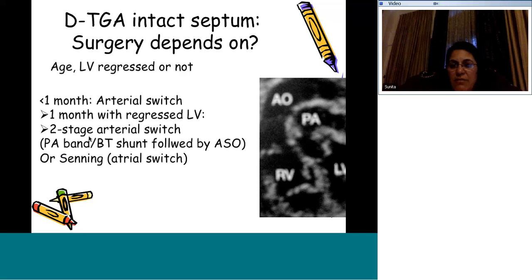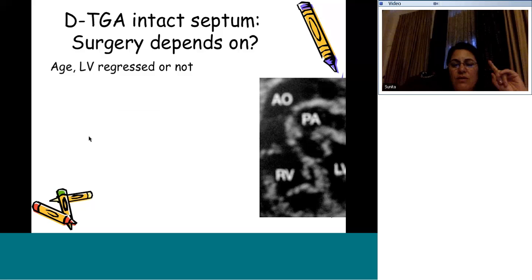You can either do a Senning or you can do a two-stage arterial switch. So what is the first stage of the two-stage? What is the first stage of the two-stage arterial switch?